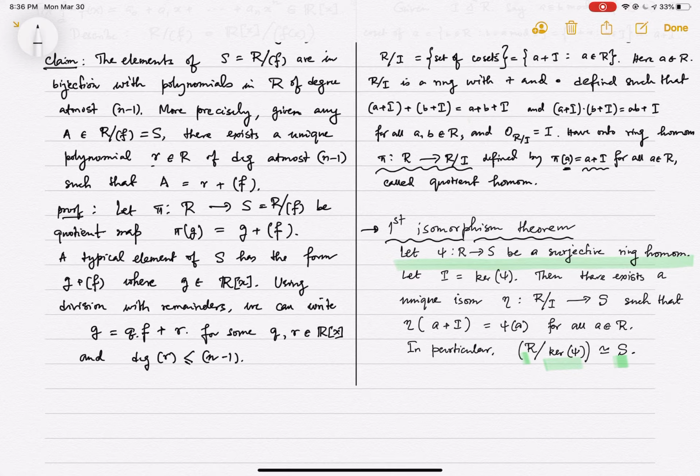Because the degree of R has to be strictly less than the degree of F, which is n.